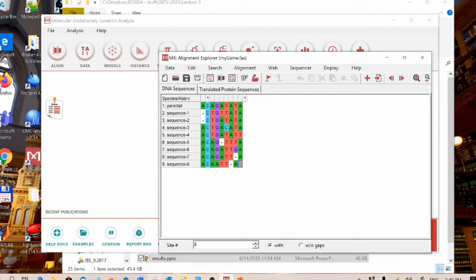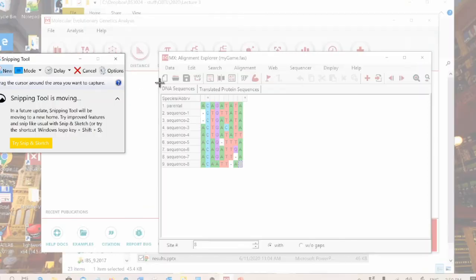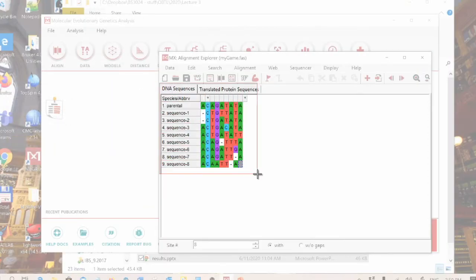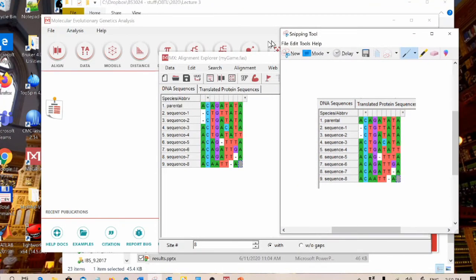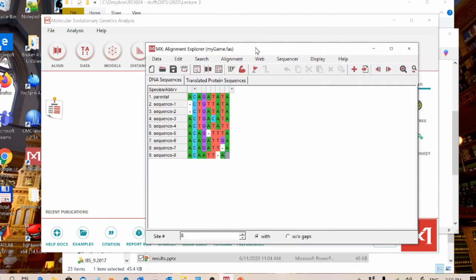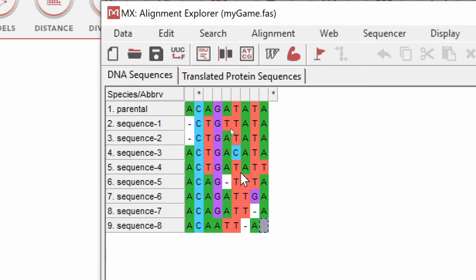Let me first capture this sequence and put it aside here. So now, as I said, we have kept the gaps inside as the phylogenetic signal.